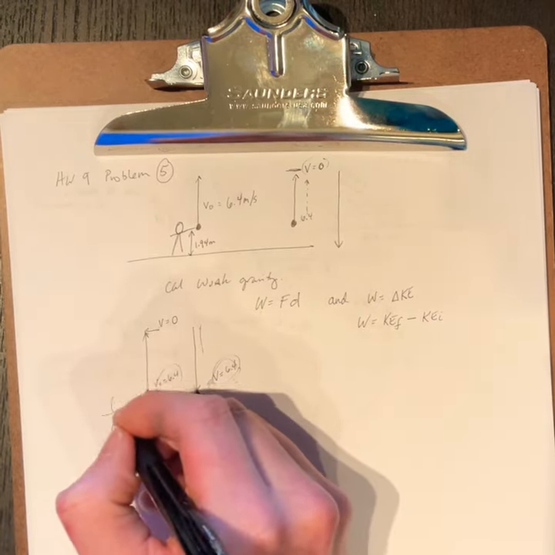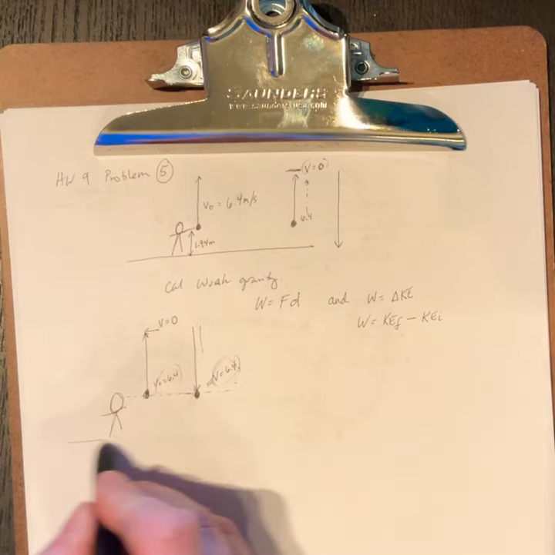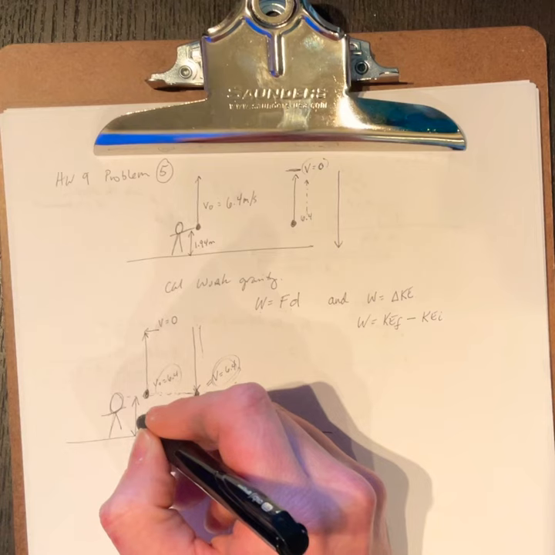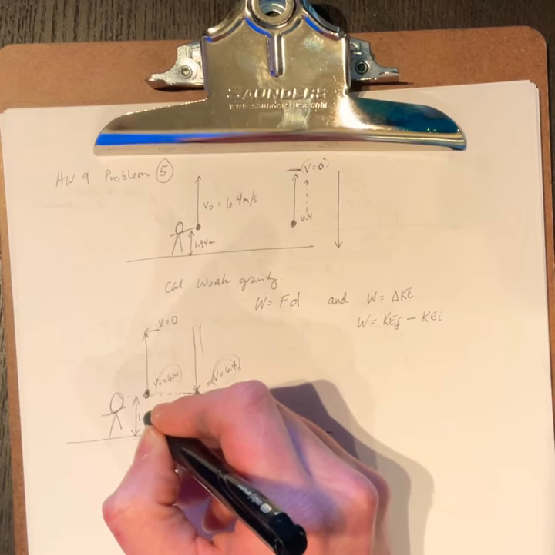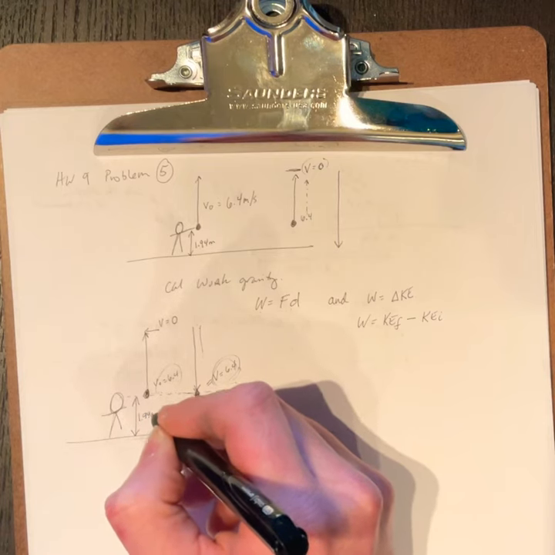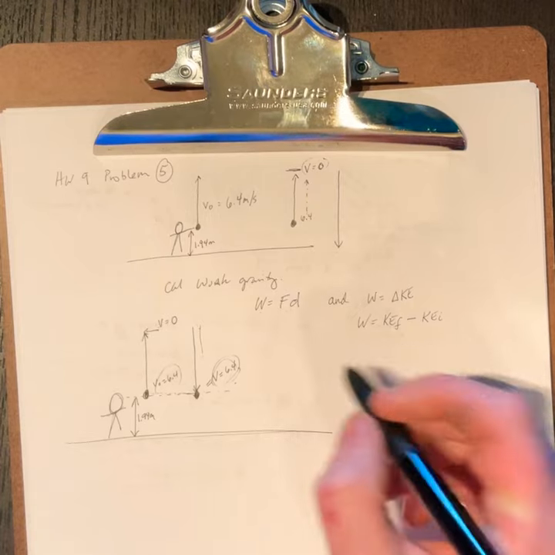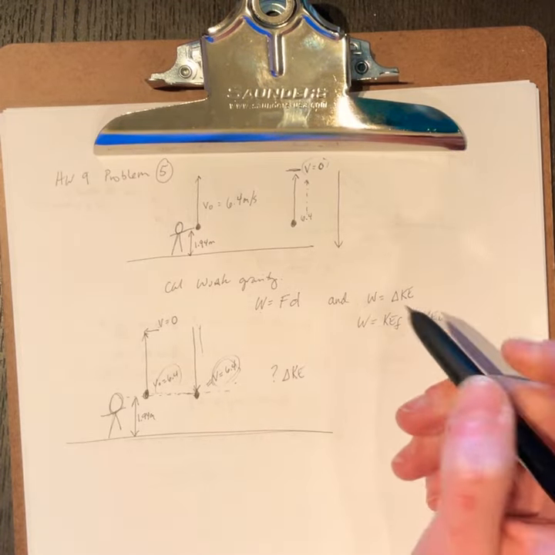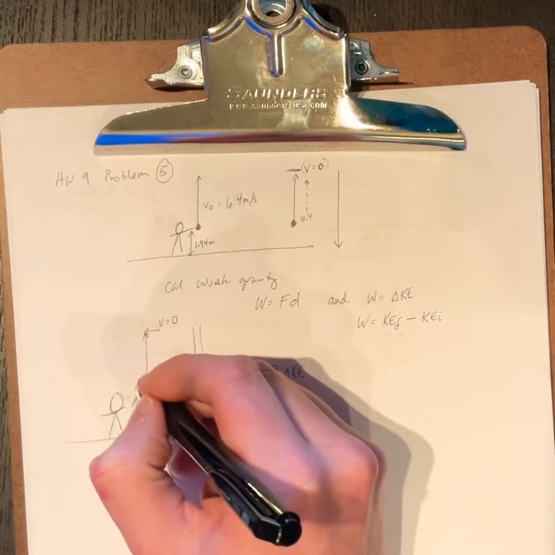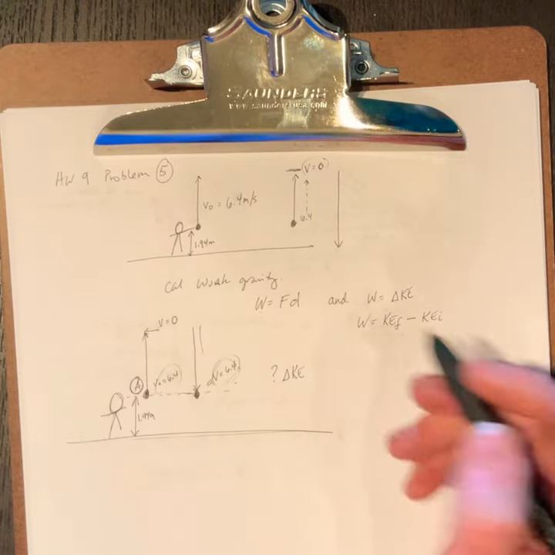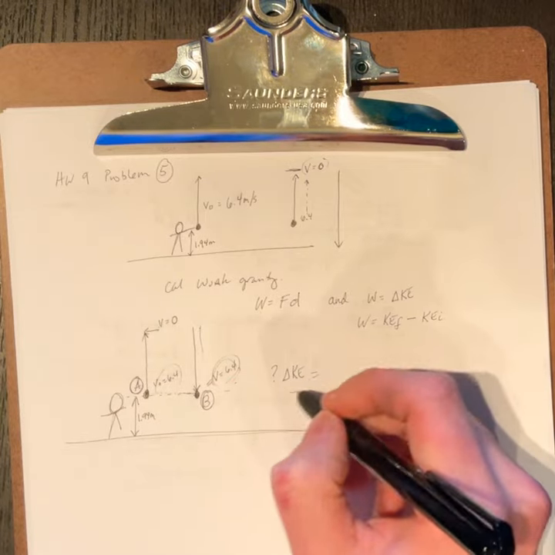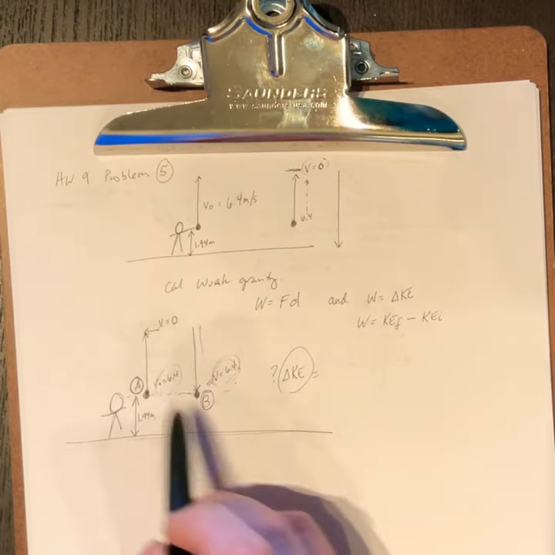Now the person is standing here, and this is the ground. This initial height off the ground was 1.94 meters. So what is the change in the kinetic energy if we say this is situation A and this is situation B? What is the change in kinetic energy comparing A to B?